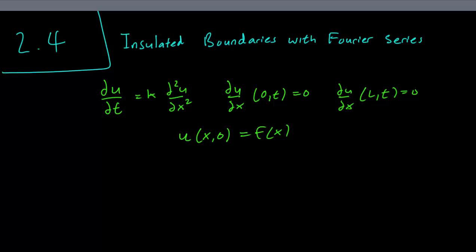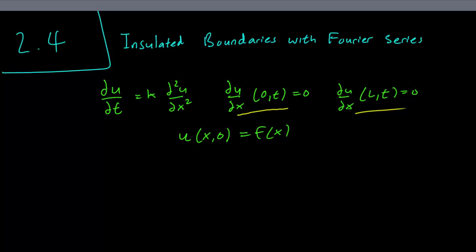Hello class, this is section 2.4 and in this video we are going to talk about the insulated boundaries problem with Fourier series. So we have this heat equation problem again for a rod in one dimension, but this time rather than having the temperature at the ends of the rod set to 0, we are saying that the rod has insulated ends, so no heat changes at the ends of the rod.